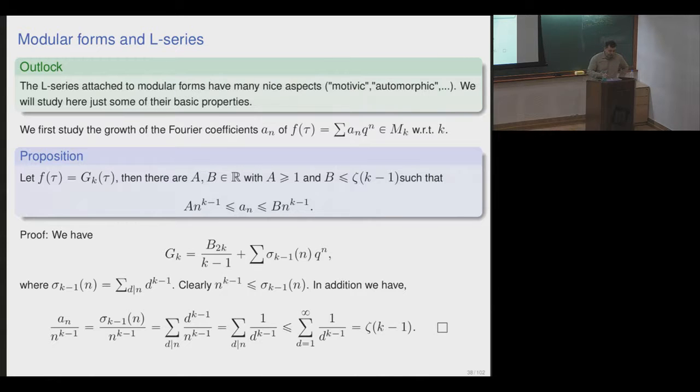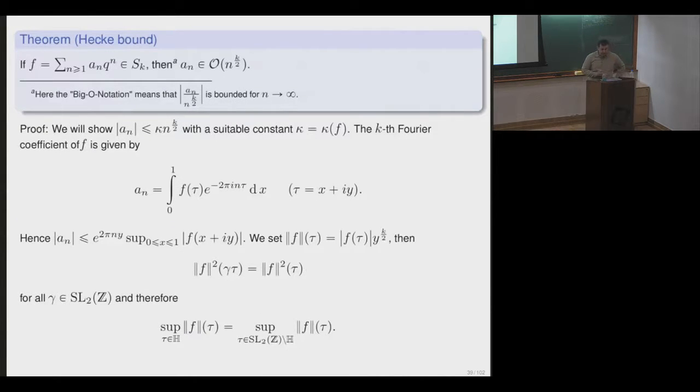Now the next is, if we have a cusp form, then we can bound the growth of the coefficient by n to the k over 2, where k is the weight of this modular form. So how to prove such a result?